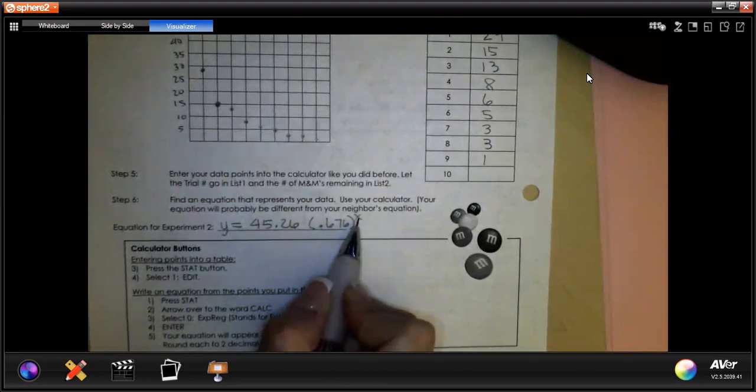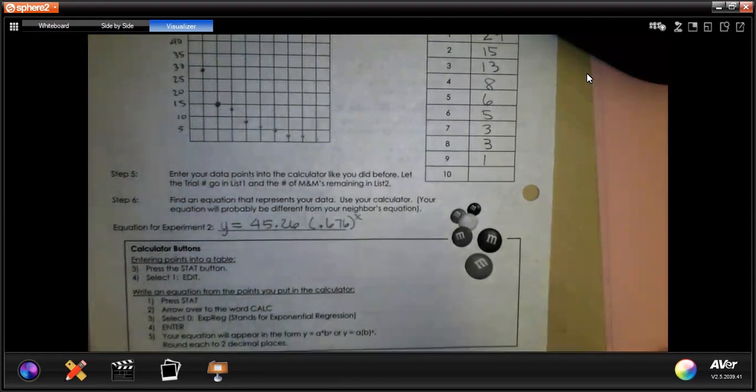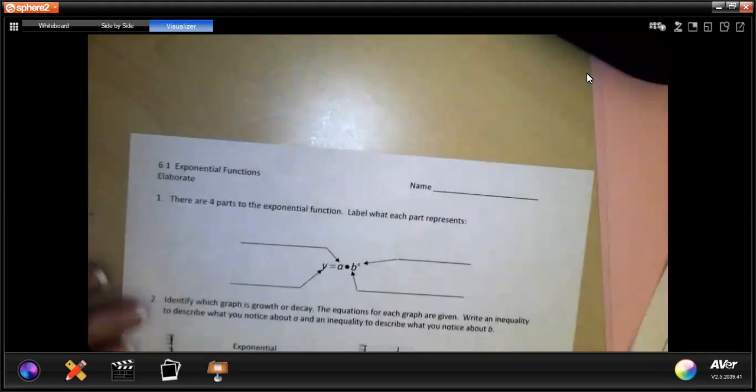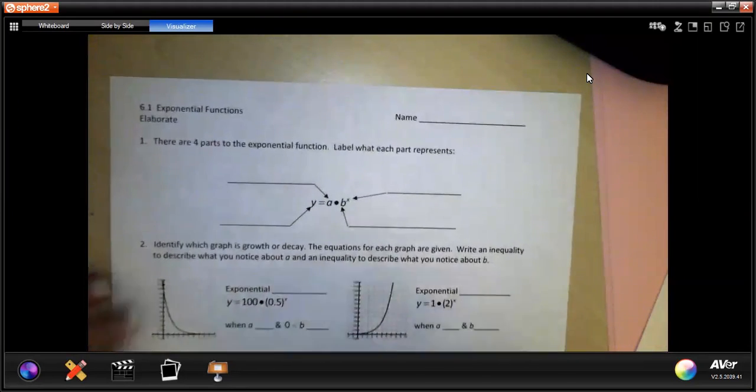x is your exponent. Most of the time, that's going to be time, or the number of rolls in this particular case, and then y is going to be the total amount. So we're going to go ahead and summarize that real quick on this paper just so that you have it. Again, today's really an introduction, so we're just introducing to you this equation and graph.